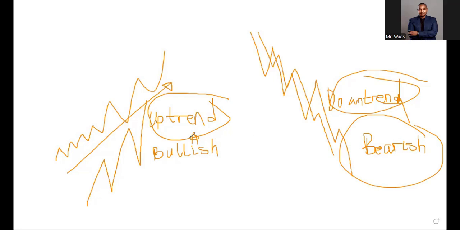And these terminologies came about because of the characteristics that these animals show when they attack you. So a bull will attack you and simply throw you up, and a bull always eats grass. Therefore, a bull market would be represented by green.